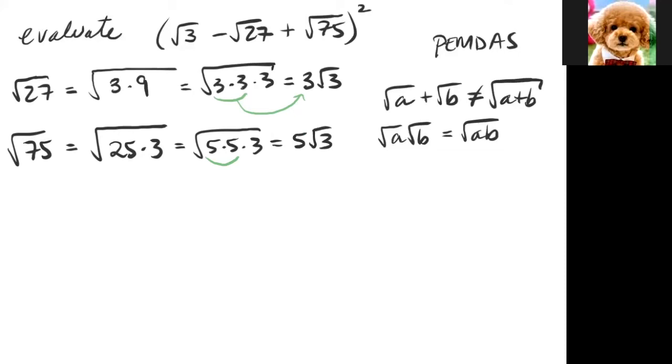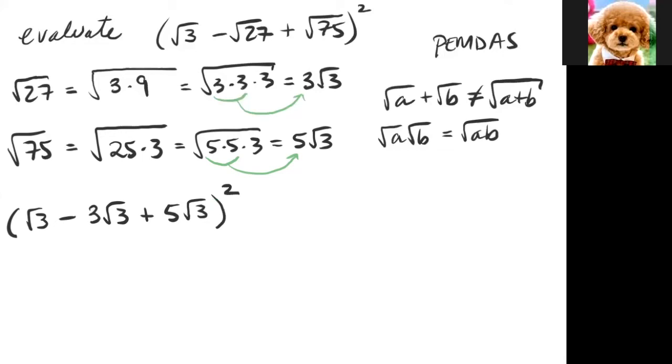So we get left with 5 root 3. Okay, so let's see what we have here. Our expression then becomes root 3 minus 3 root 3 plus 5 root 3, all squared.